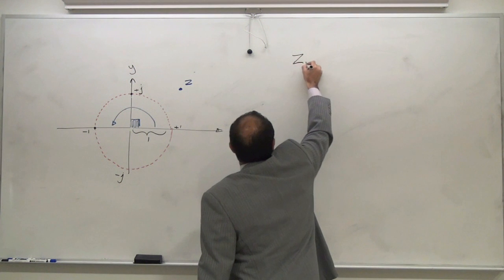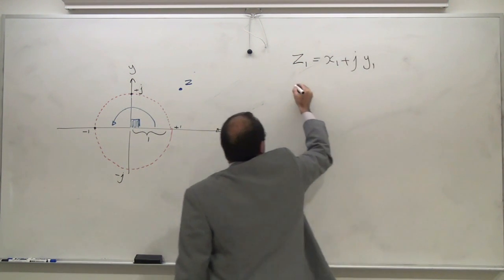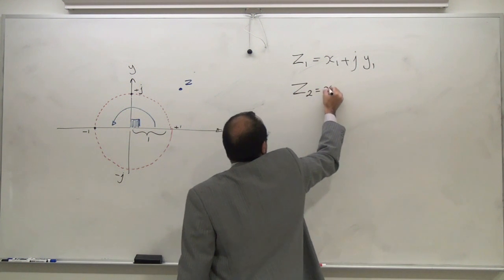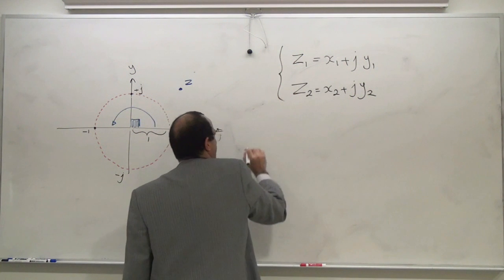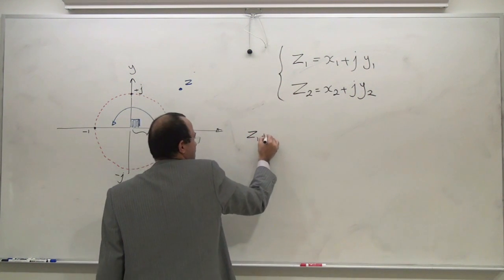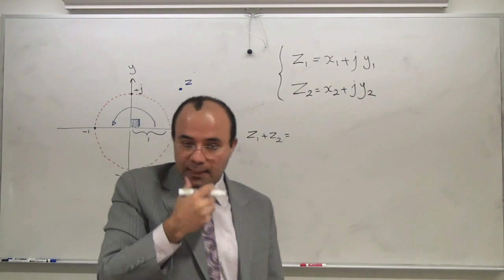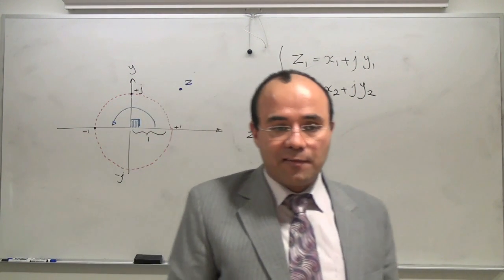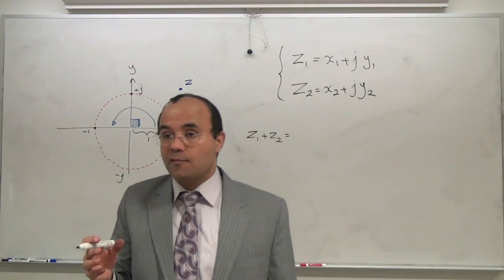If I have z1 as equal to x1 plus jy1, if I have z2 as equal to x2 plus jy2, tell me about the operations. One simple operation is z1 plus z2. And the operations I'm explaining are basically good to understand when you are doing this manually.